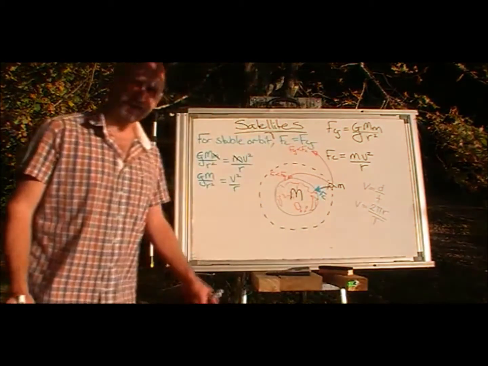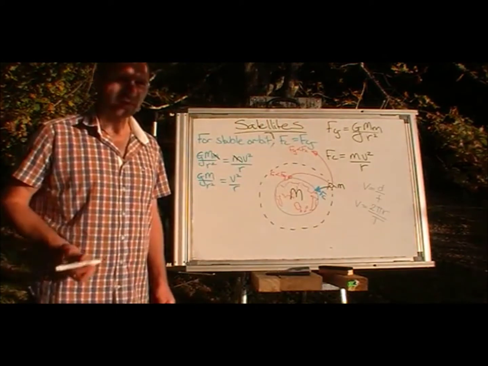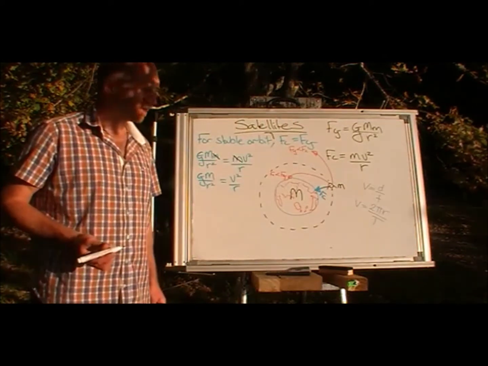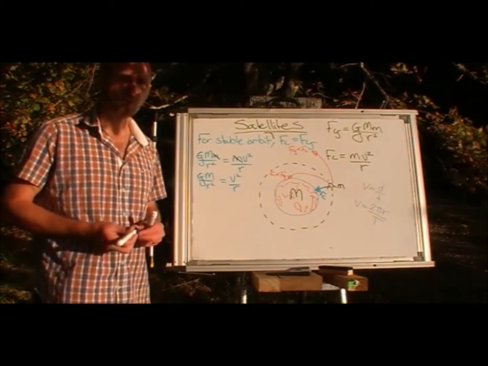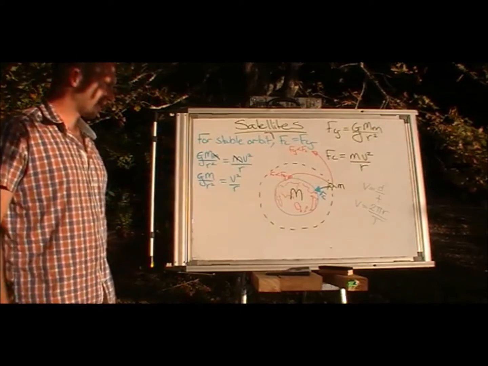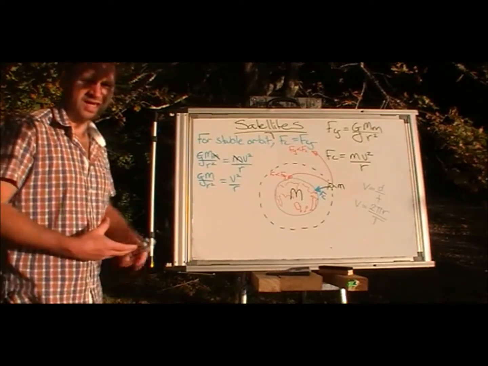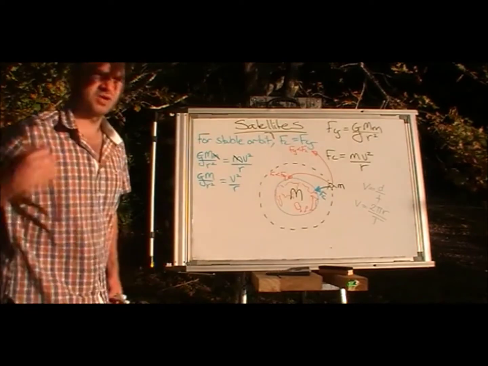And so we can write it out as 2 pi r over T, that capital T being the period of orbit. Let's see what happens if we try and plug that in over here for v squared and try and work out an equation for the period of orbit.